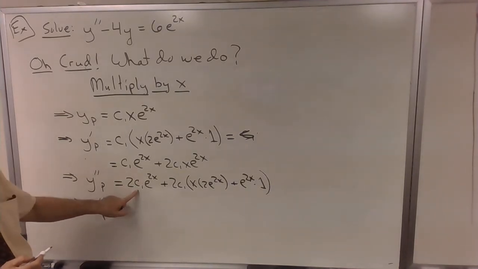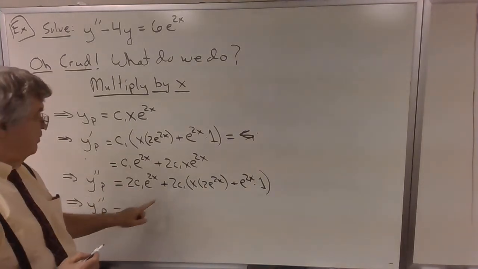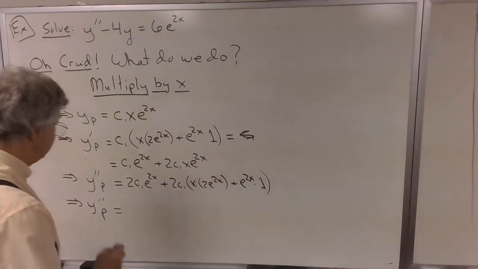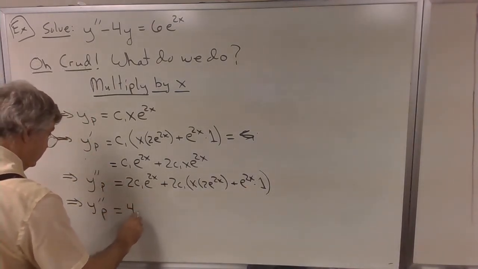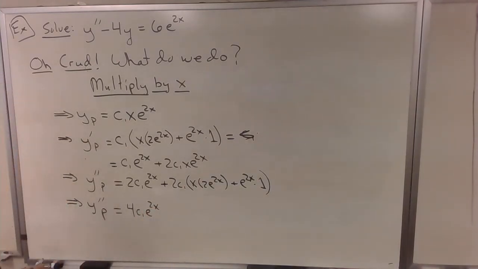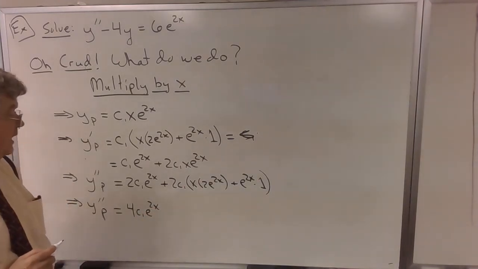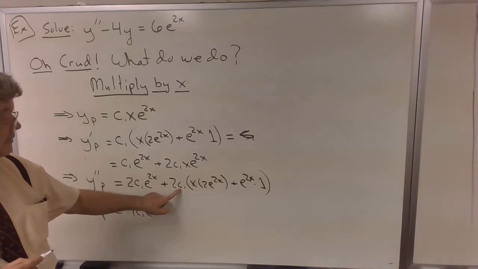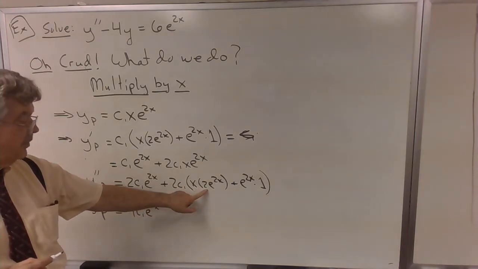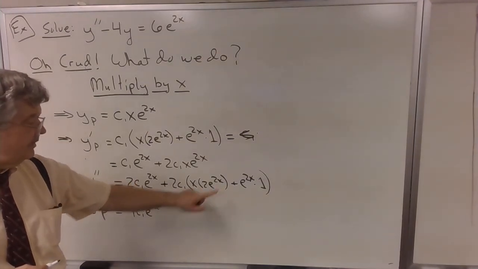We have 2C1 e to the 2x plus 2C1 e to the 2x is 4C1 e to the 2x. And then we have 2C1 times 2 is 4C1 x e to the 2x.